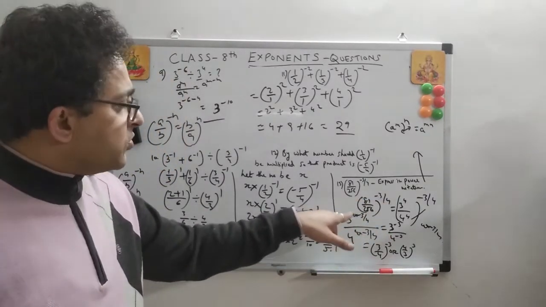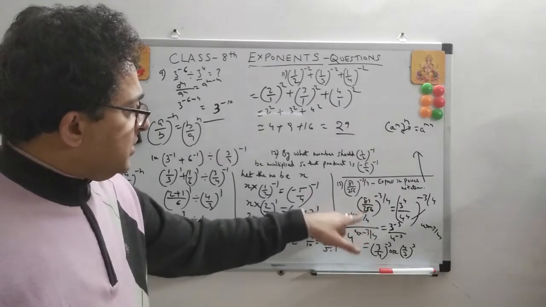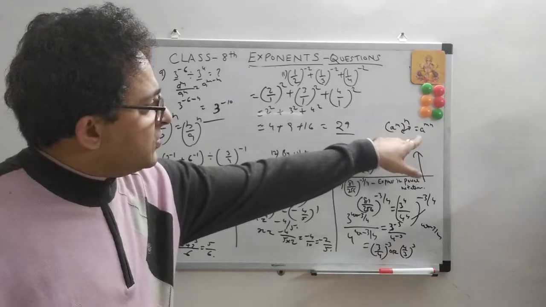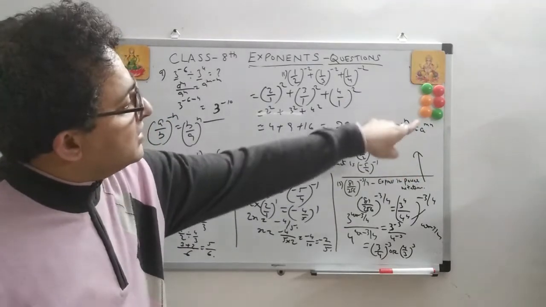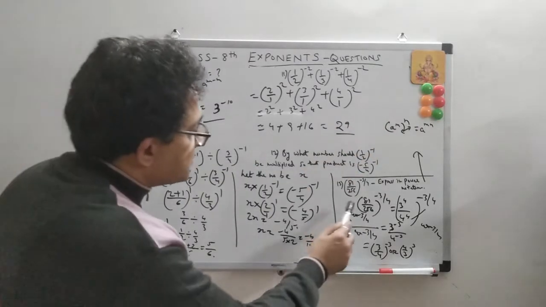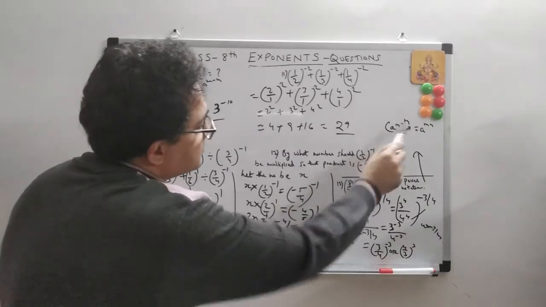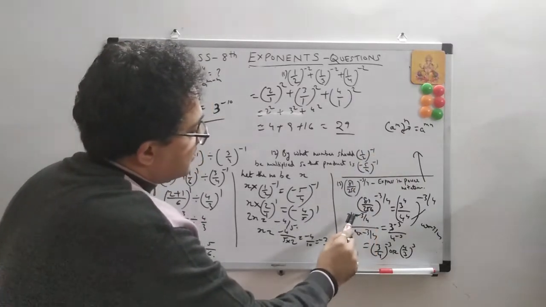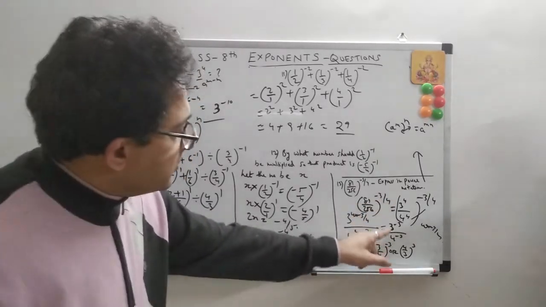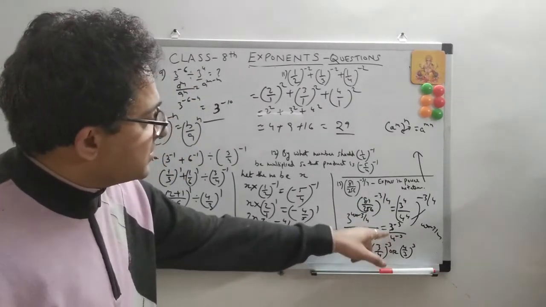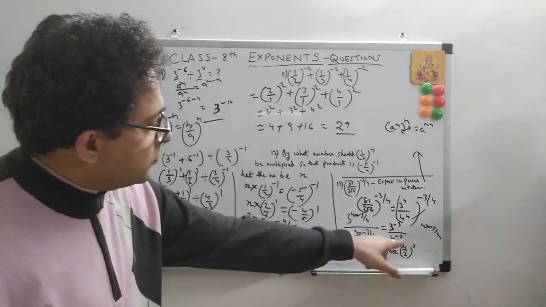So this is 3 to the power 4, and this is 4 to the power 4 into minus 3 by 4, because of the formula a to the power m to the power n. I wrote this as 3 to the power 4, and this again is a power, so you multiply: 4 into minus 3 by 4. What you get is 3 to the power minus 3 and 4 to the power minus 3. This becomes 3 upon 4 to the power minus 3, and if you reverse this, you put 4 upon 3 to the power 3. This is the answer.